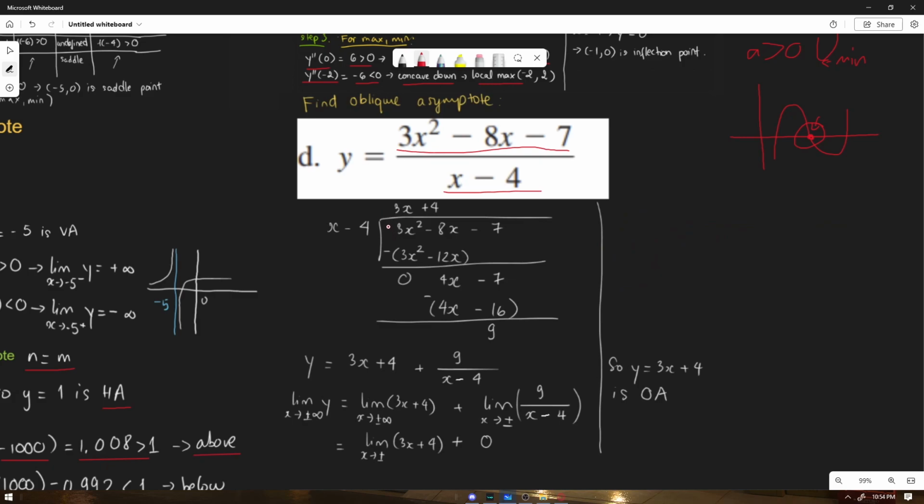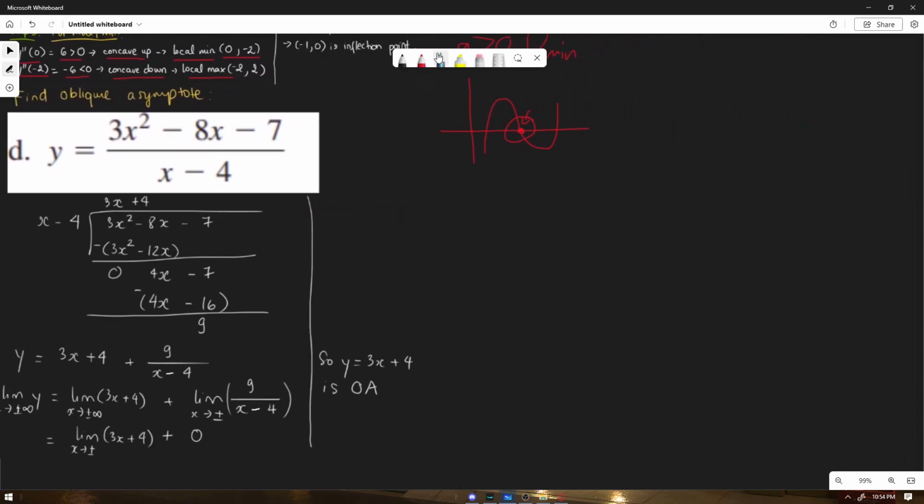So how do we do this? It's called long division, where we get a remainder or no remainder, and then we get this top part here. I will show you from this part. We're gonna look from the left side. We take the first term, which is 3x squared, and then we take the x here, which is the highest powered x.